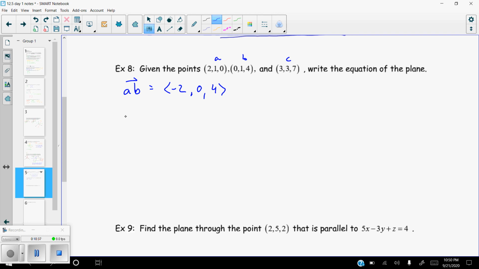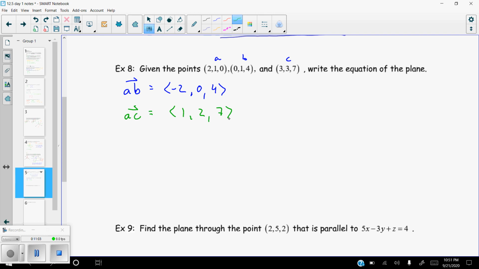So we're going to use AC, same starting point. Okay, that's important. So AC is going to be, let's see, 3 minus 2 is 1, 3 minus 1 is 2, and 7 minus 0 is 7. So now what I have is two vectors where basically the tails are touching.